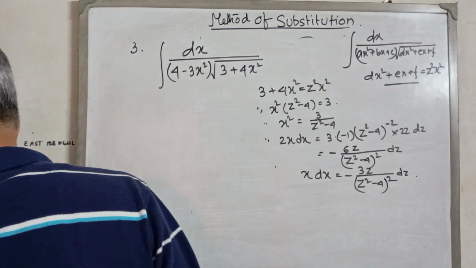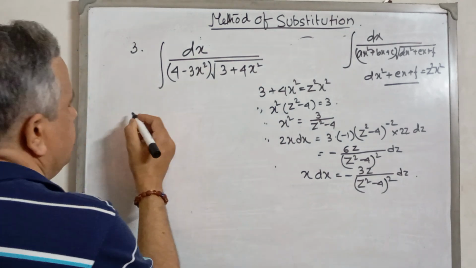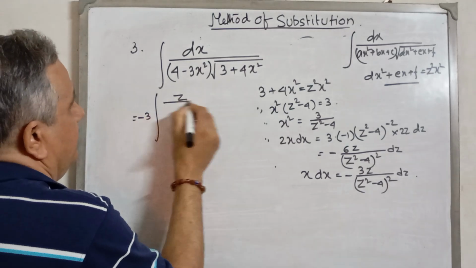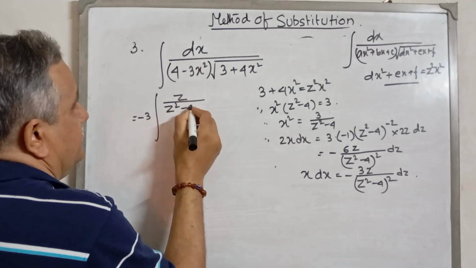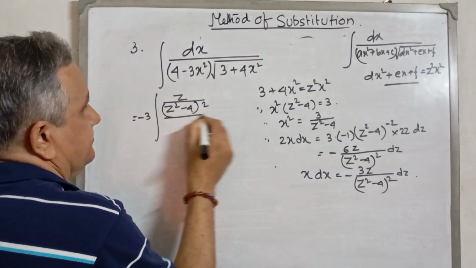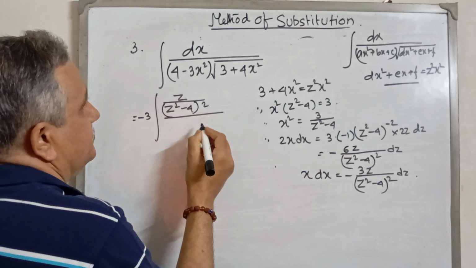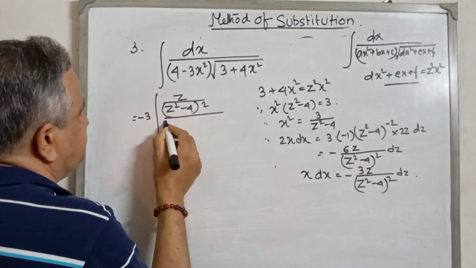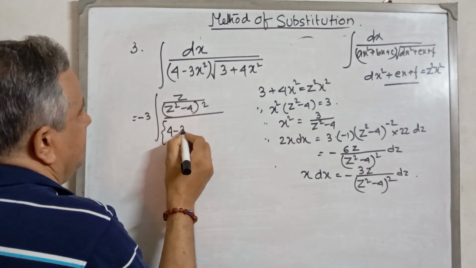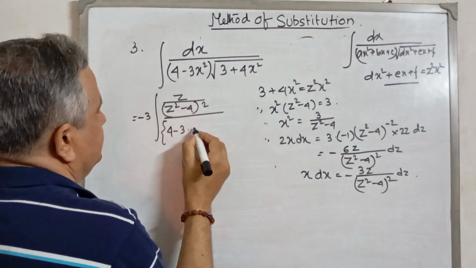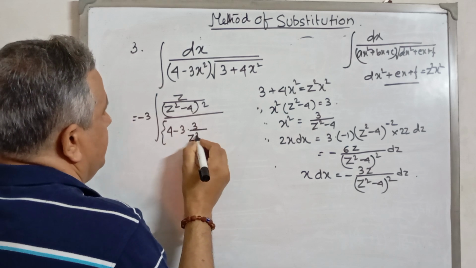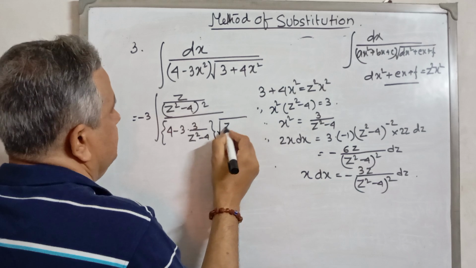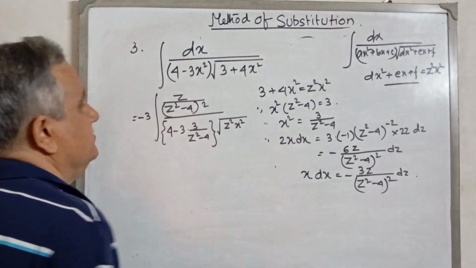Now put it here. Dz is minus 3z by z square minus 4 whole square, 4 minus 3x square. From here we get x square is 3 by z square minus 4 into this root over z square x square.